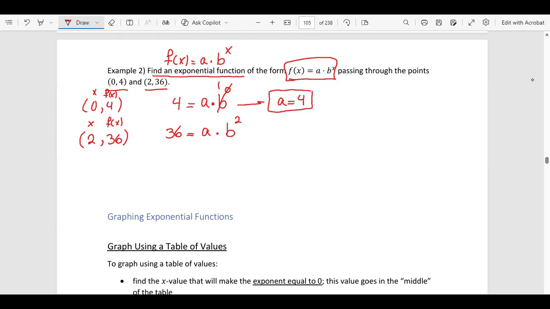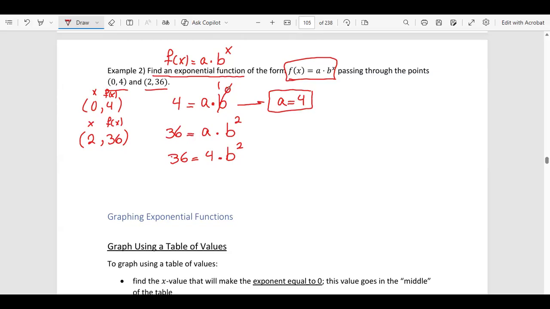So a is 4. After finding a from the first equation, now we just look at the second equation. Since I found a is 4, I can replace a by 4 and use this equation to find b. But remember, in this example, I had the power of 0.